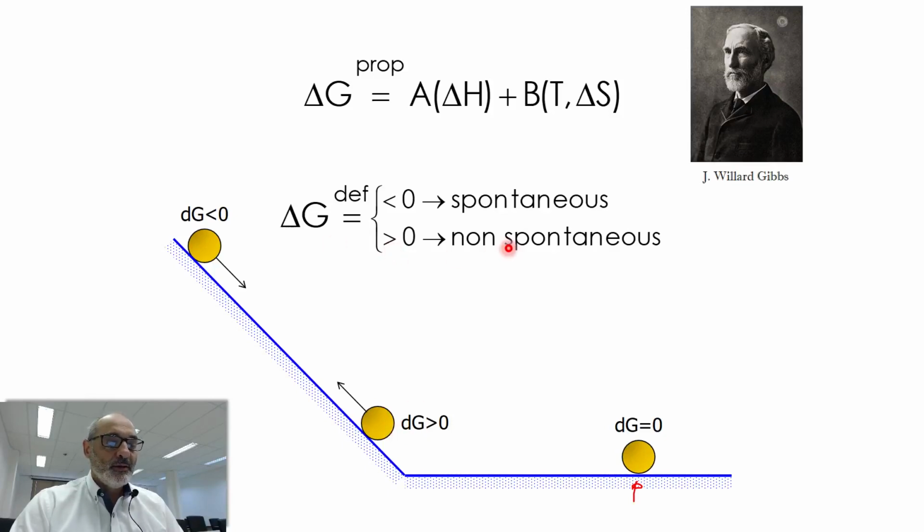So this variable that we're going to build, delta G, or G actually, for Gibbs free energy, has to behave like this. In equilibrium, delta G is 0. For a non-spontaneous process, it's positive, and for a spontaneous process, it's negative.